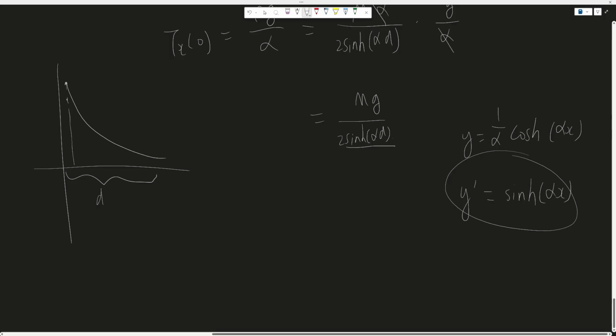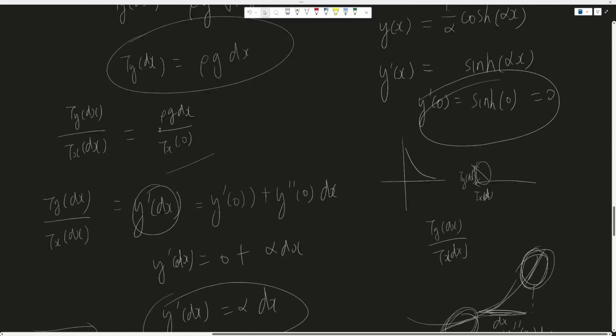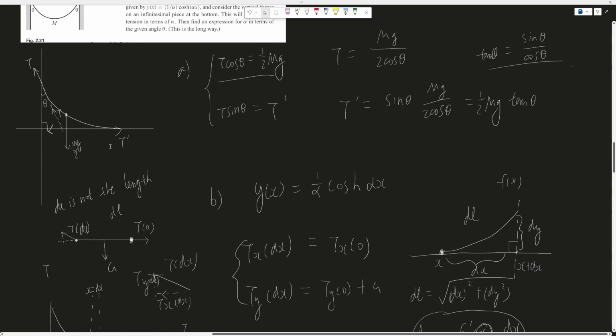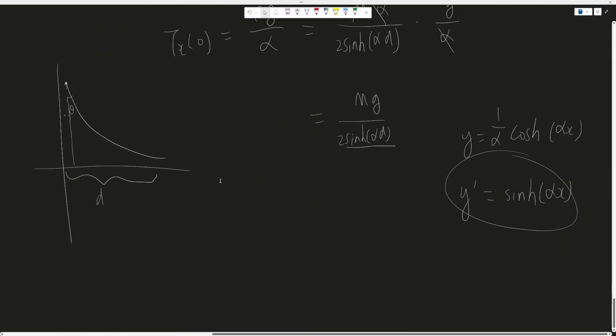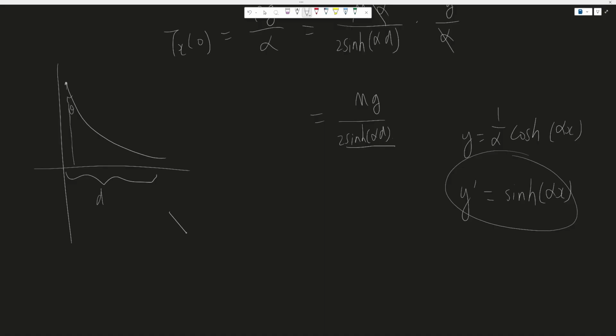And so what else do we know about this? Well, we know that it's theta here, right? Because the problem told us here. And so what is that slope in terms of theta? If we think about it, let's just think about that very, very top piece. We have theta and then this. And so what do we know? Well, it's basically this rise over run. And what is rise? Rise is basically cosine theta times whatever this length is.